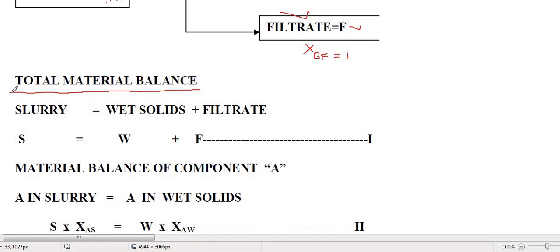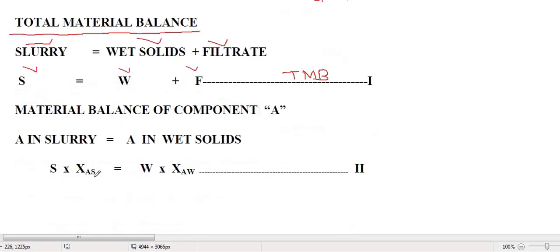As you see in this block diagram, there is only one input, and that input is slurry, so that slurry must equal wet solid plus filtrate at steady state. Whatever input must equal output. So here there is input slurry and two outputs, wet solid plus filtrate. So we get the first equation, S is equal to W plus F. This is our first equation, the total material balance equation.